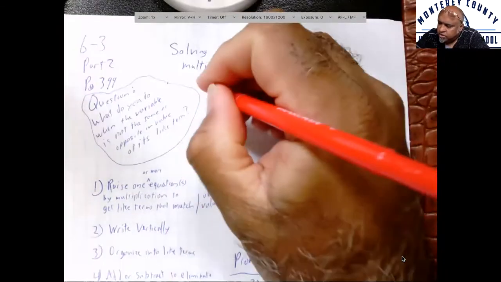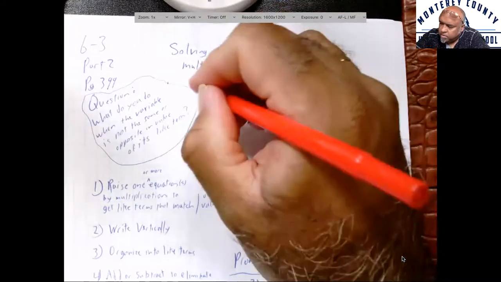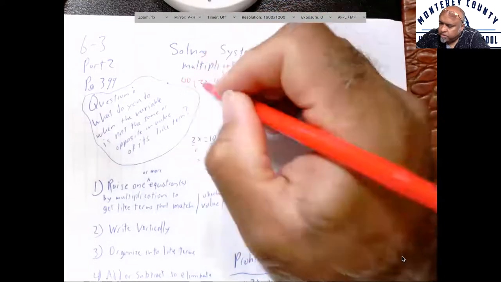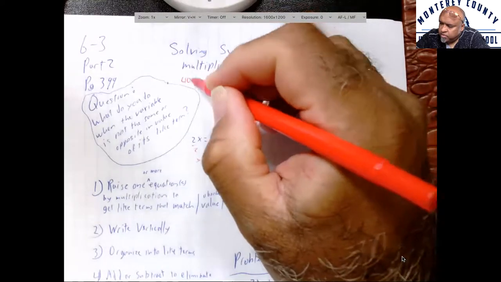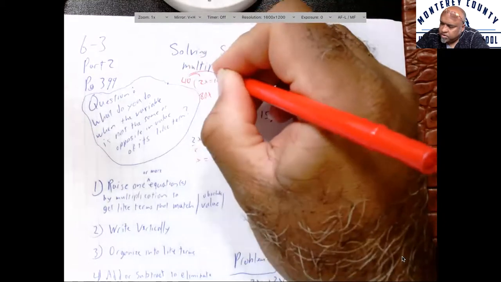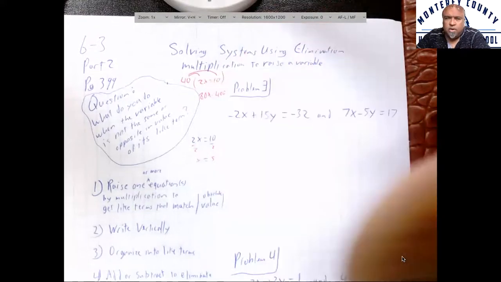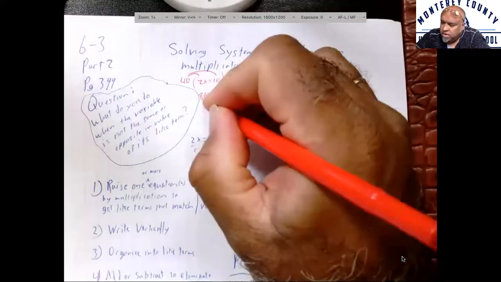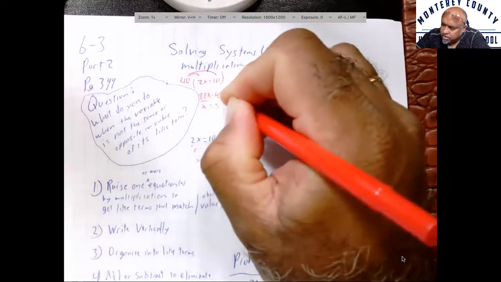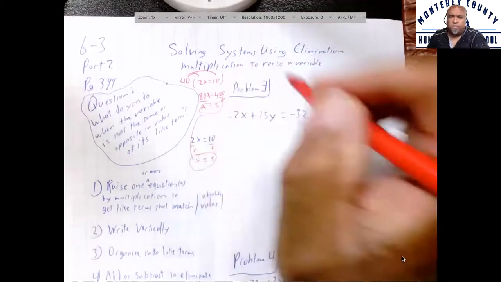I'm going to multiply the entire equation by 40. 2 times 40 would be 80x. 10 times 40 would be 400. So now I have 80x equals 400. So I divide both sides by 80 and I get x equals 5. You notice I got the exact same solution, okay?